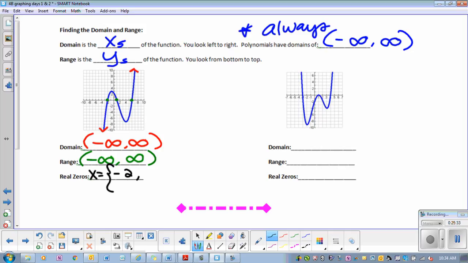What's the next one? 6, 0. But I'll put 6. And you don't have to put the 0. Just put x equals and then put them in the solution set. Okay? And what's this one here? 1. All right. Are you going to write this down? You're not writing this down.